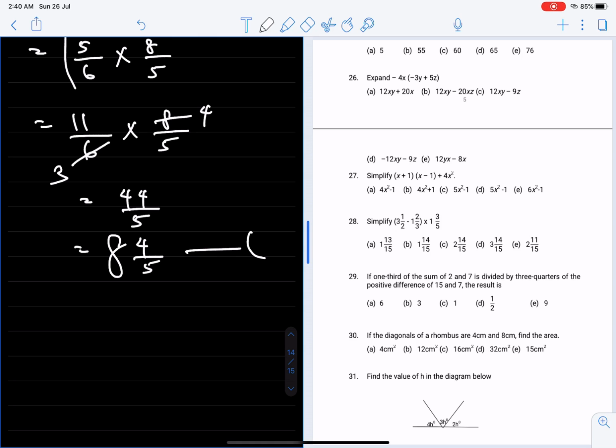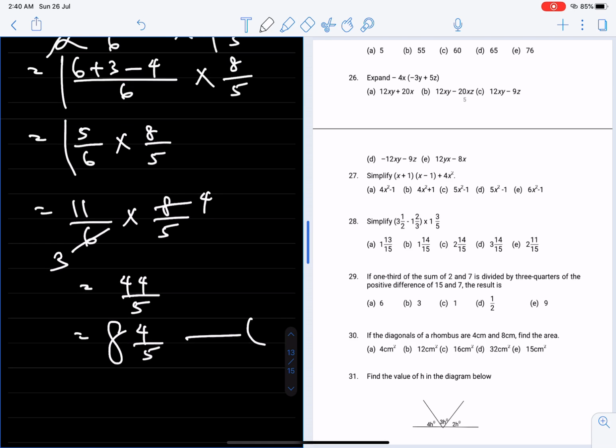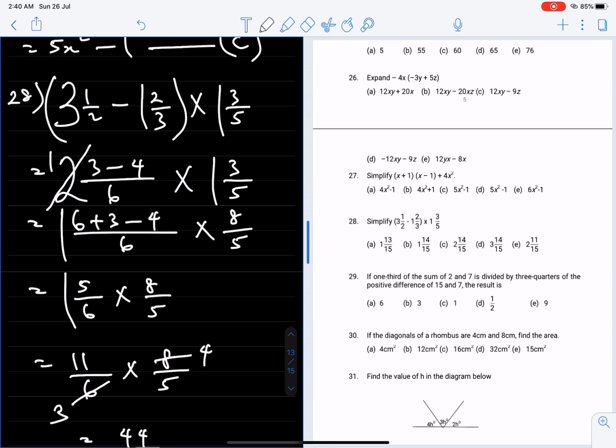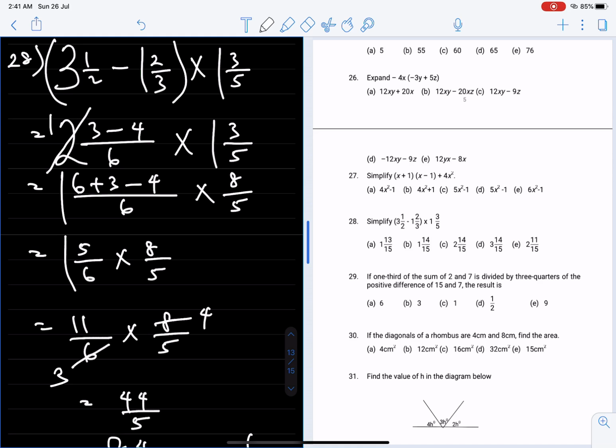And the correct option, I hope it's there, 8 whole number 4 over 5. Wow. 1 whole number 3 over 2. Okay, 3 minus 1 is 2. 3 minus 4, that's correct. 6 plus 3, 9 minus 4 is 5 over 6 times 8 over 5.